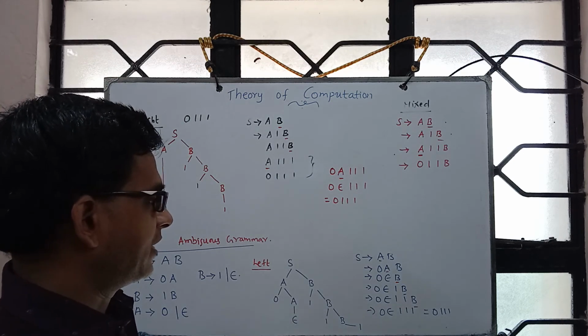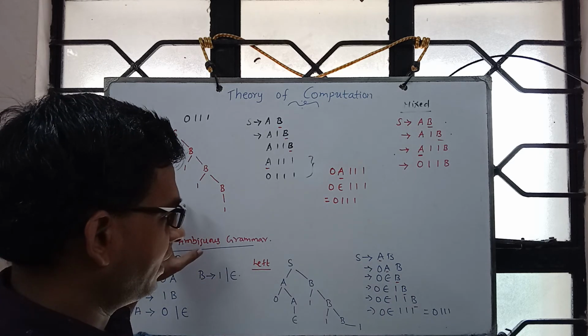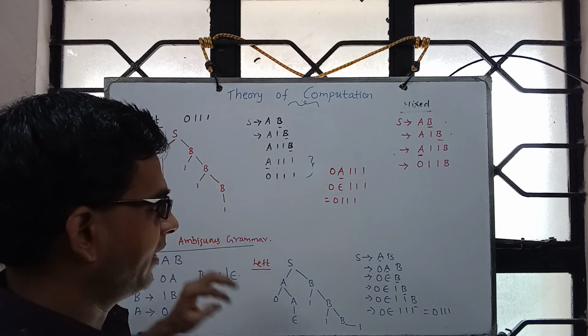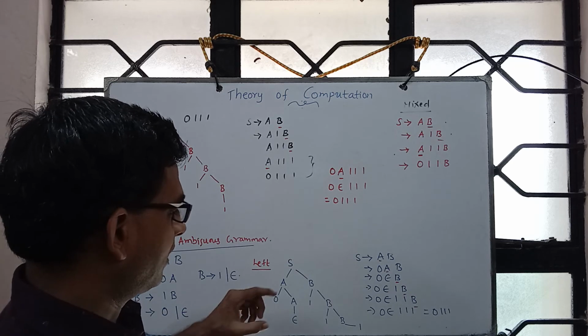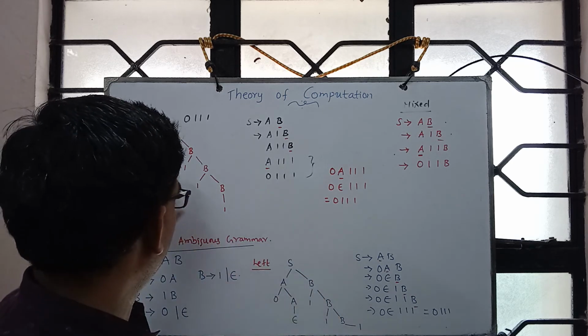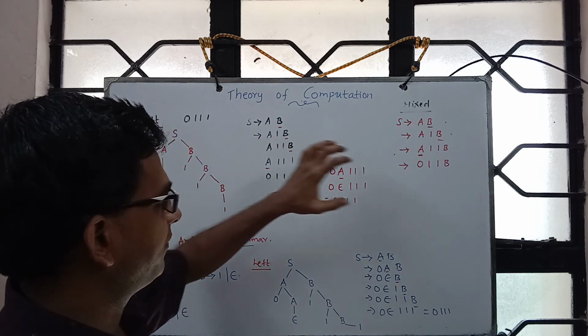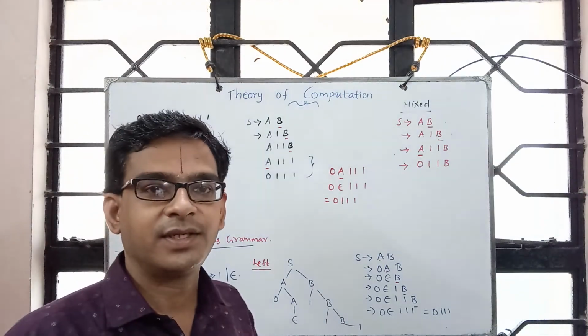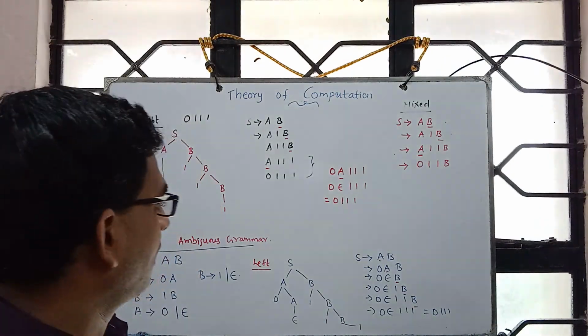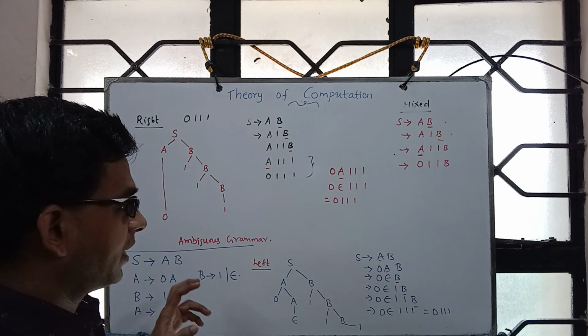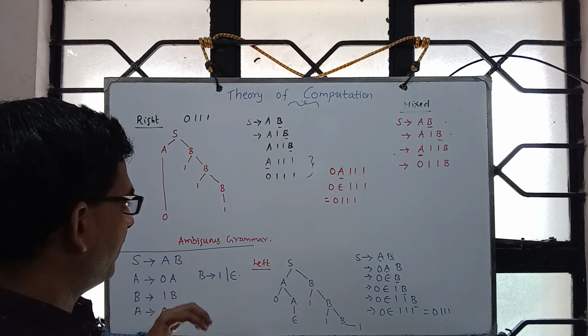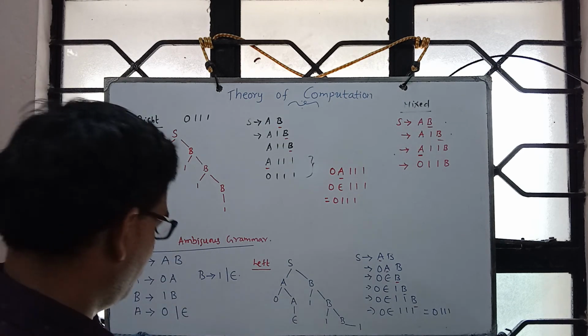Fine. So for a string that is accepted by the grammar or generated by the grammar, one can come up with a leftmost derivation or the rightmost derivation or the mixed derivation. Okay, so when we define ambiguity, one has to be careful.